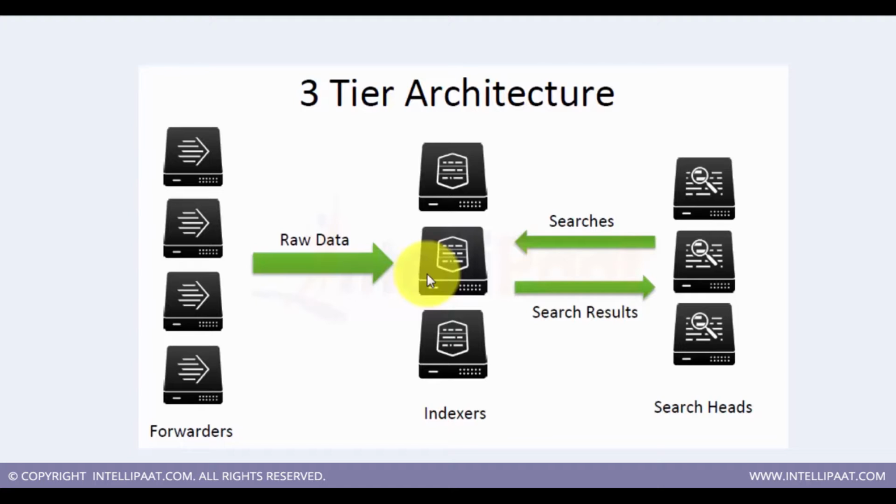Obviously there's a data pipeline that comes into the picture, which has the parsing queue, the merging queue, the typing queue, and the index pipeline queue. These queues have processors running in parallel in indexers. Some of it might be running in the forwarder as well.